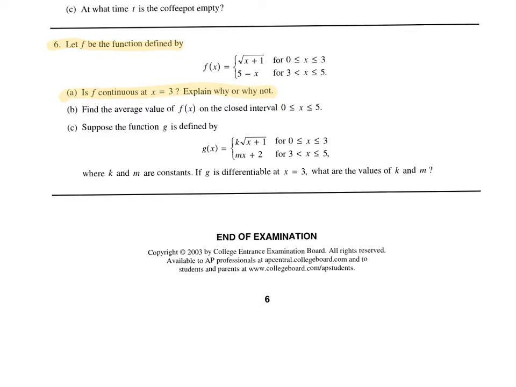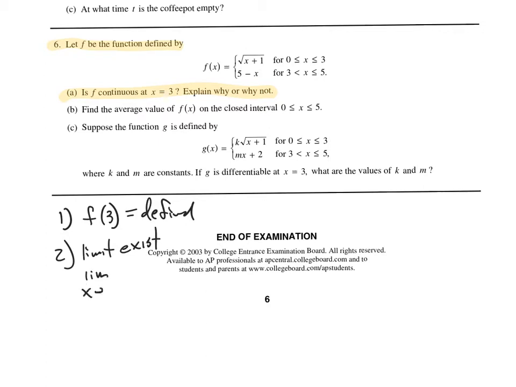All right, remember, in order for it to be continuous, we have 3 things that we need to check. The first is, is the function defined? So basically, is this defined? Then, does the limit exist? And remember, that means that the limit as x approaches 3 from the left is equal to the limit as x approaches 3 from the right.